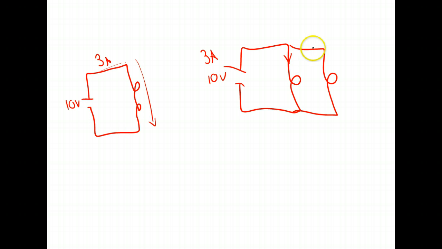Right. How much current is flowing through each of these? And so you're saying if they are connected in series with the same power source, would they be brighter? Yes, they would. They would also be faultier.